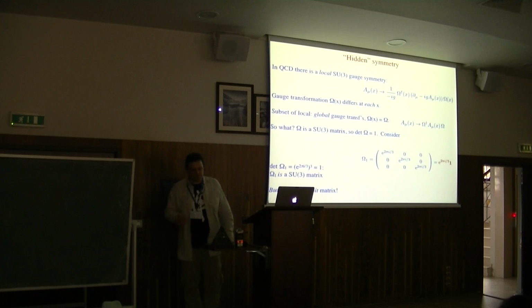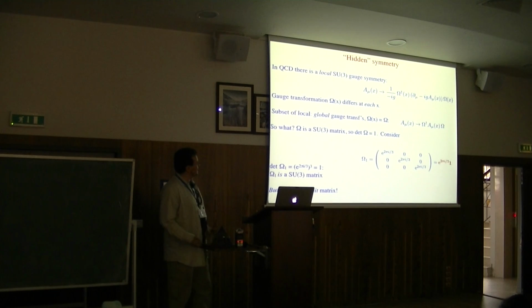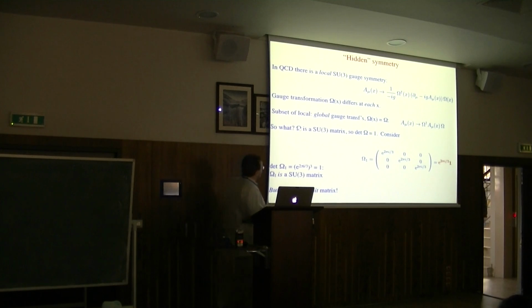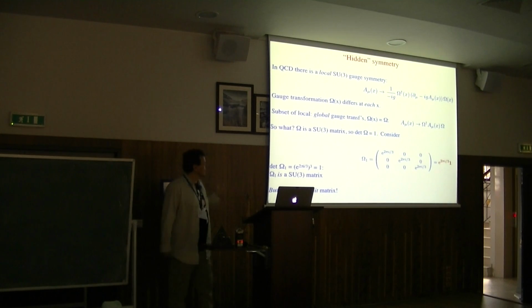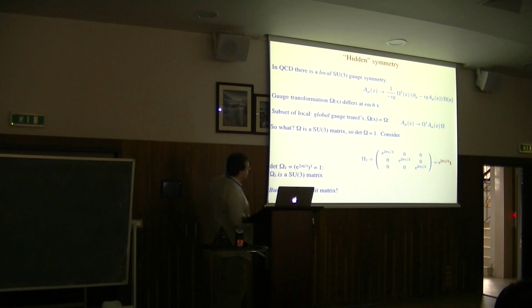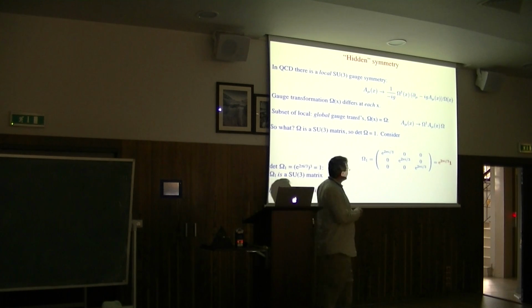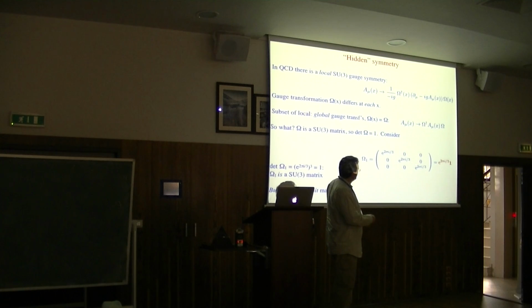Well, let me consider then an even simpler thing. This gauge transformation has to be an SU3 matrix. That means its determinant has to be equal to 1. If its determinant wasn't 1, then we would have a U1 gauge theory. So one way that I can do this is I can take a diagonal matrix where each element is a third root of unity.